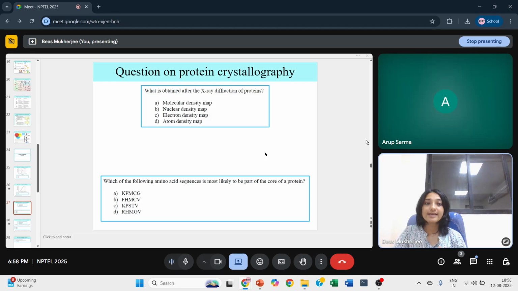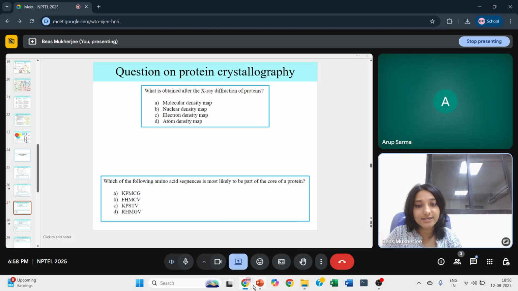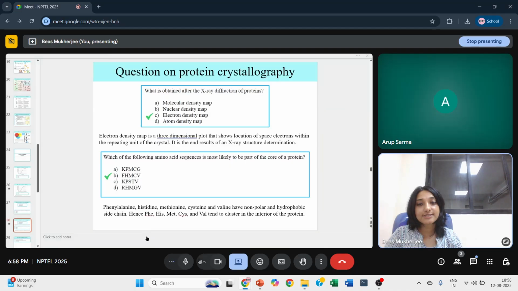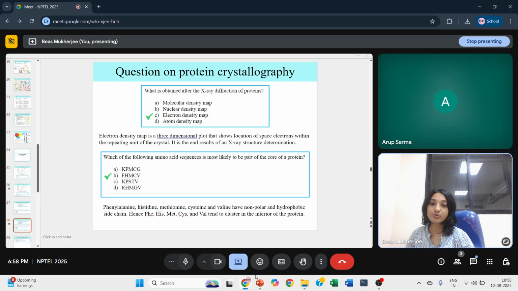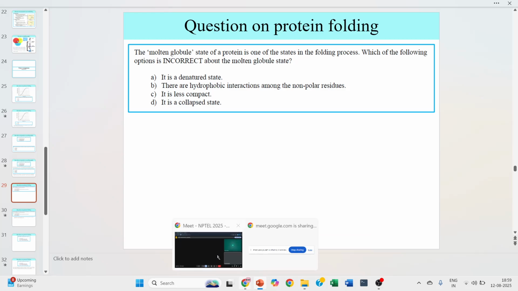For example, K is lysine. Now lysine is a charged residue. Yeah, that's right. So B would be the right answer. Phenylalanine, histidine, methionine, cysteine and valine have non-polar and hydrophobic side chains. Hence, they tend to cluster in the interior of the protein.